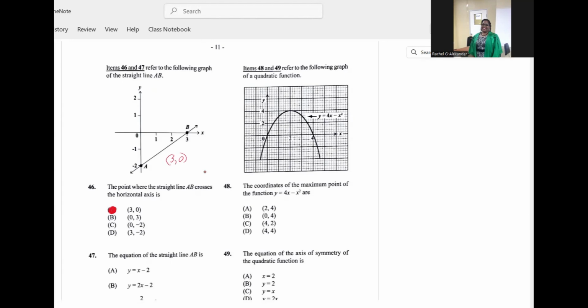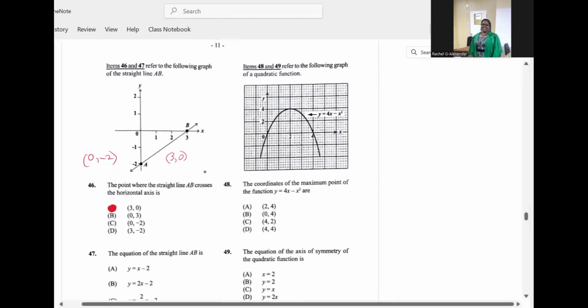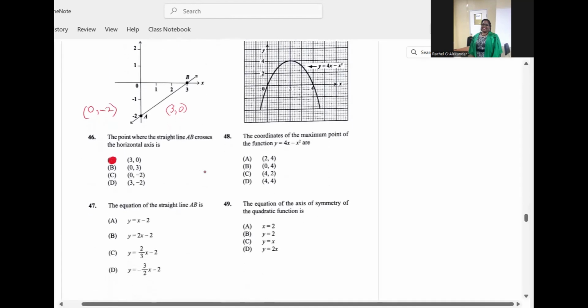Just as a reminder, if they wanted coordinate A, it would be where it cuts on the y-axis, so the y value would be negative and the x value would be 0, right? That's just in case. But this is item 46 and 47, so let's see what 47 is asking us.